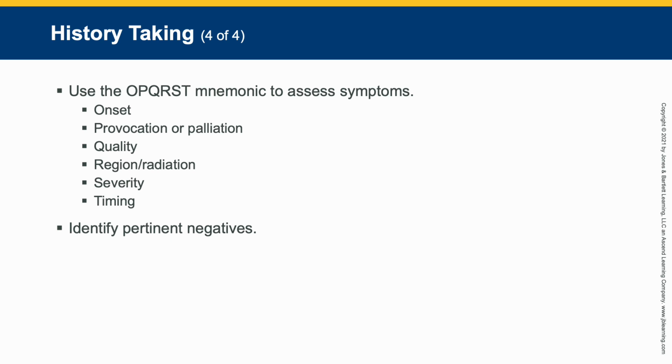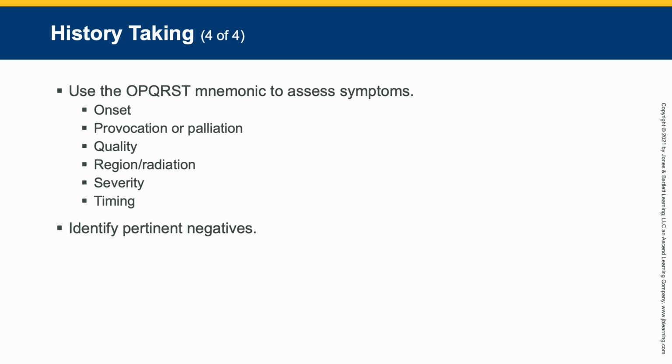Then we have R, region, radiation, recurrence. Region, where is the pain? Point to me with one finger where the most pain is. Radiation, does the pain go anywhere else on the body? And then recurrence, has the pain been constant or does it come and go? Then severity, on a scale of 0 to 10, 0 being no pain, 10 being the worst you've ever felt. What would you rank it as?